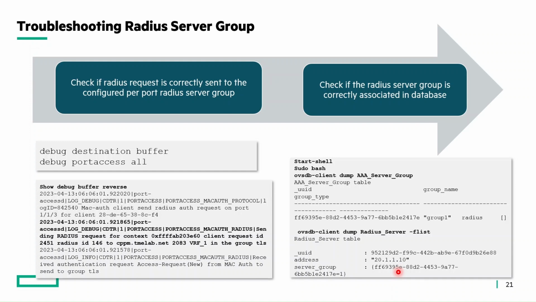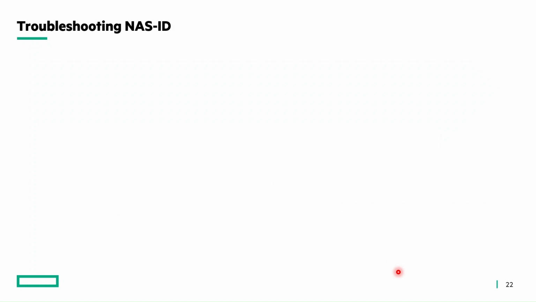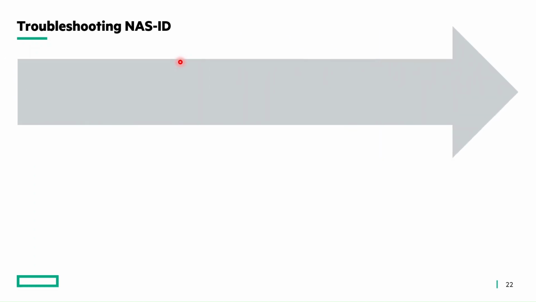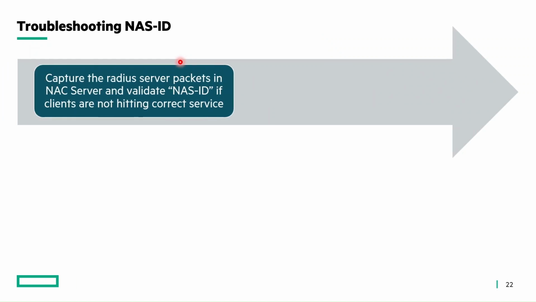Next is troubleshooting with NAS ID. As we have seen, NAS ID is really important for ClearPass to identify the source of the RADIUS request. Only then will the correct service be applied for the clients. If you want to check that, we can do a packet capture from ClearPass.